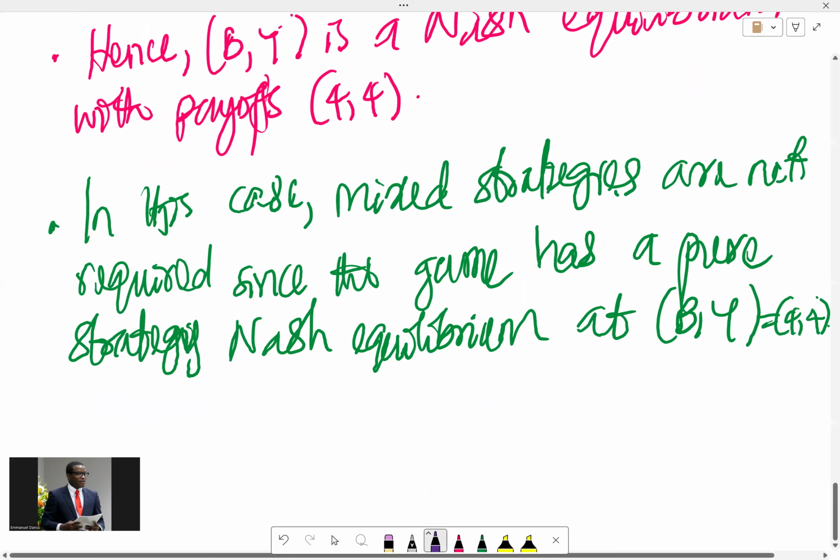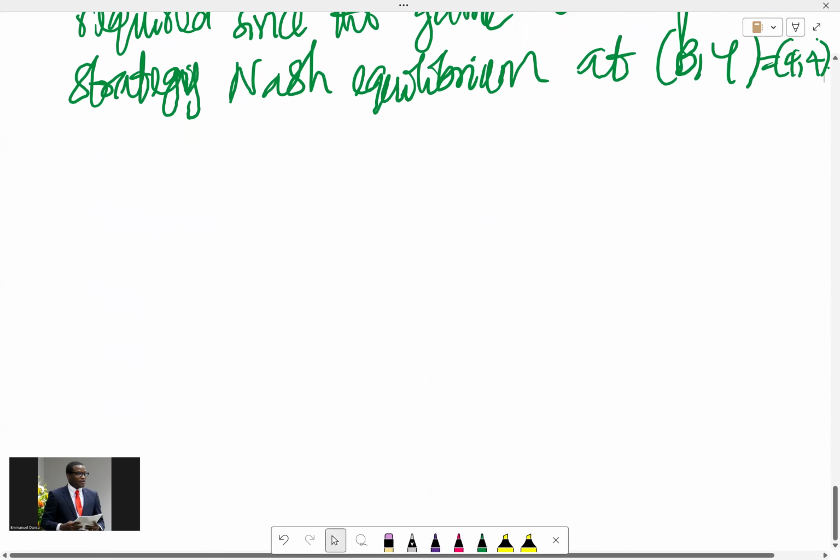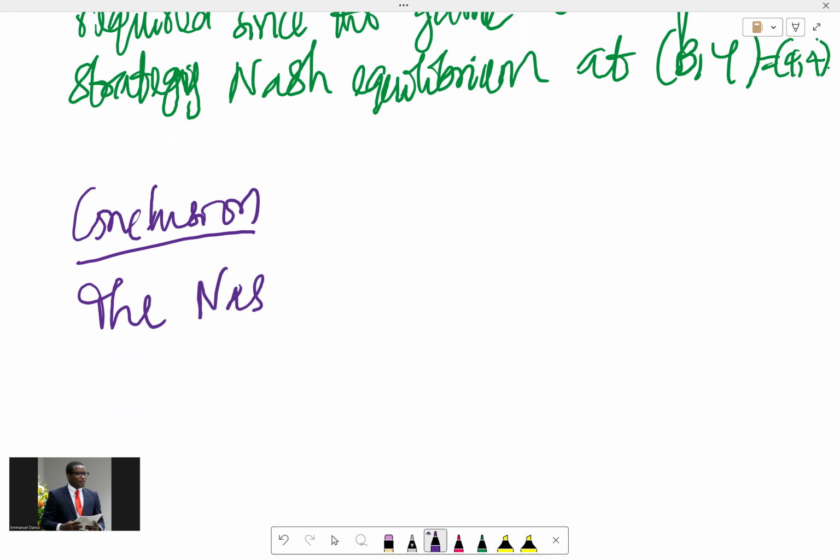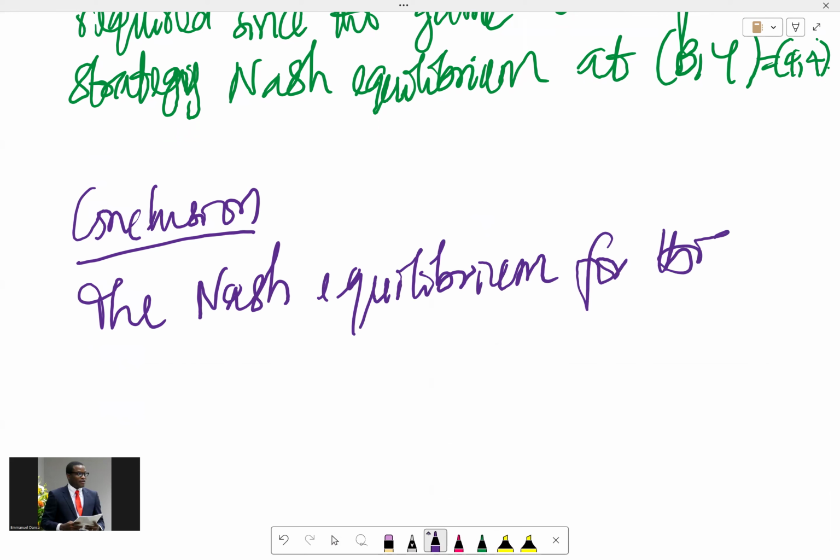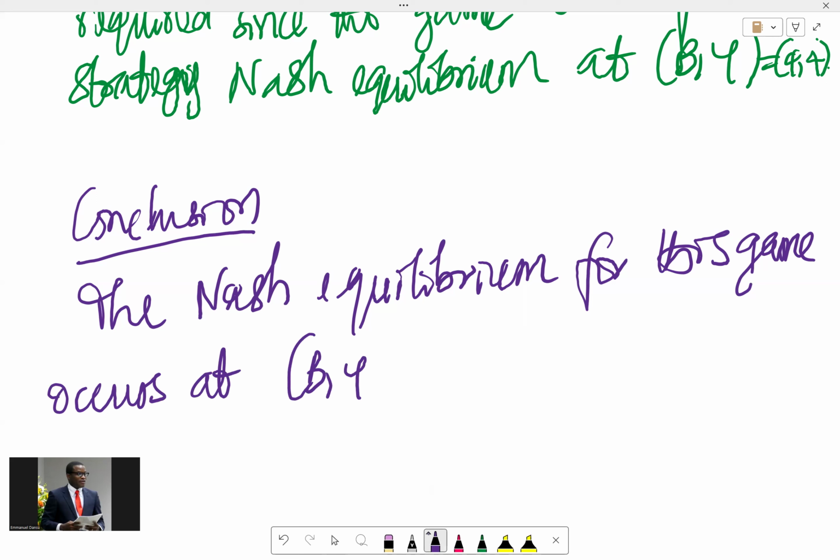So to conclude this, the Nash equilibrium for this game occurs at BY equals 4, 4.